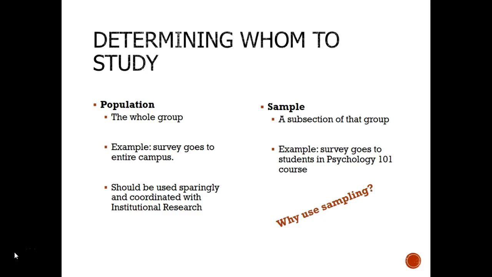Maybe you're focusing on students that are members of a certain student organization group, like fraternities and sororities. Or maybe you're looking at faculty that are in STEM fields and you're trying to understand current trends that they are dealing with on a regular basis. Whatever it might be, it's really important up front to determine if you're going to sample just a subsection of the total population or if it's going to be a population study in general.